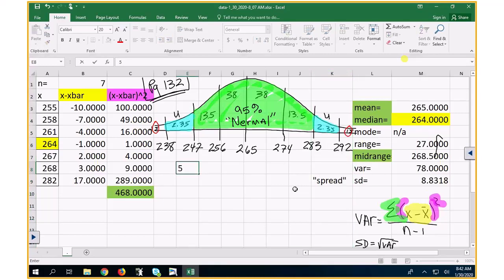5-number summary consists of the min, max, the first quartile, the second quartile, and the third quartile.